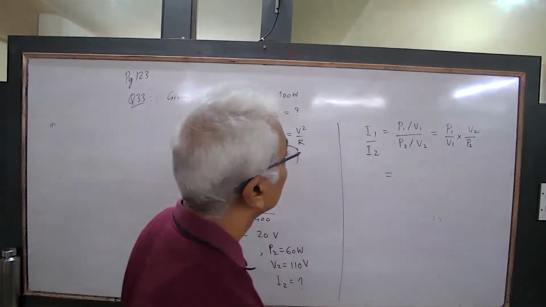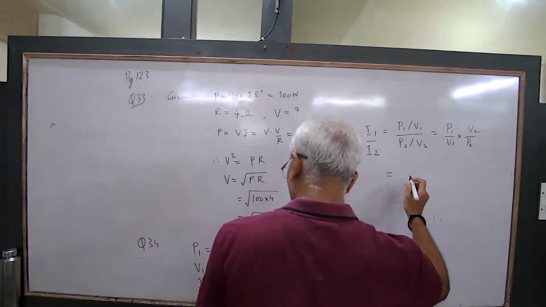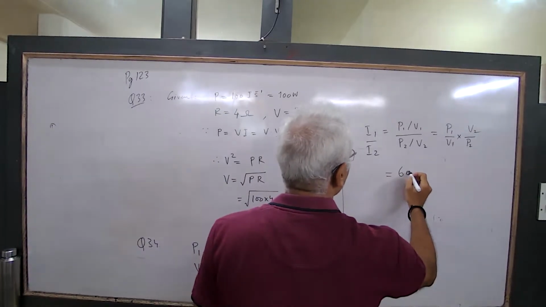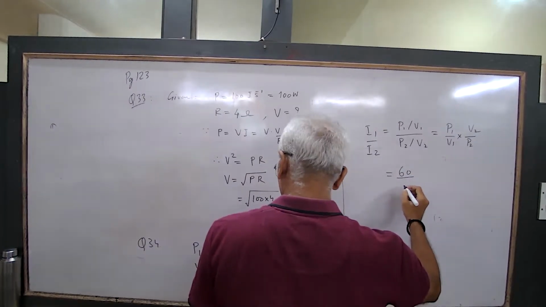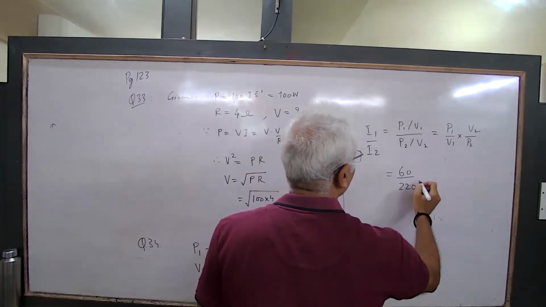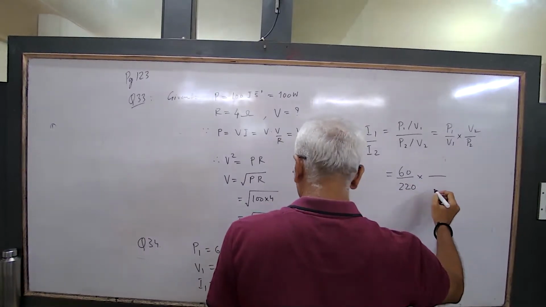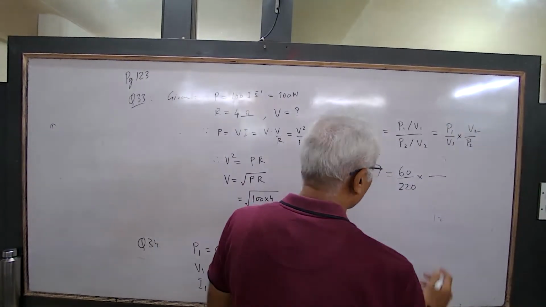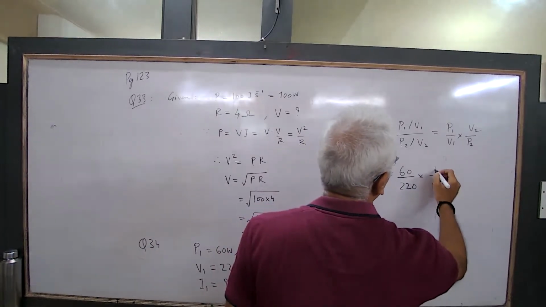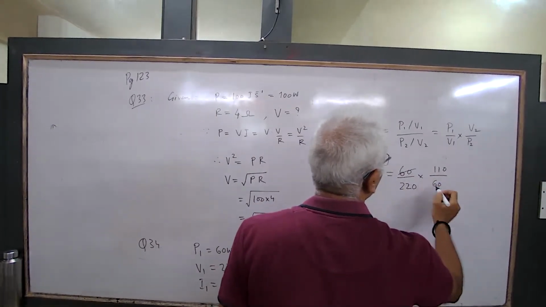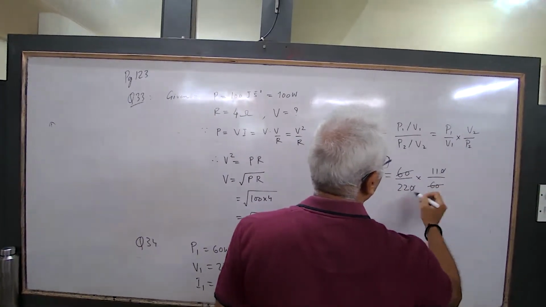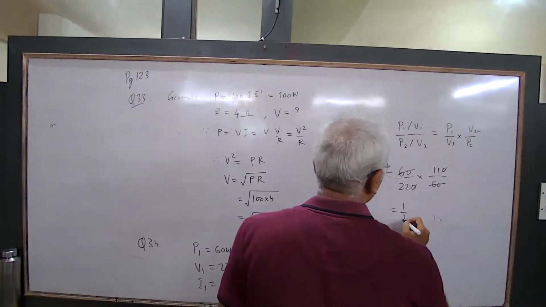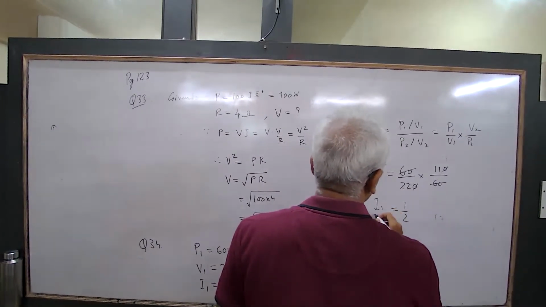Huh? 1 is to 2. Got it? V1 is what? 60 divided by 2. This is both power are 60, right? So this is 1 by 2. This is the answer.